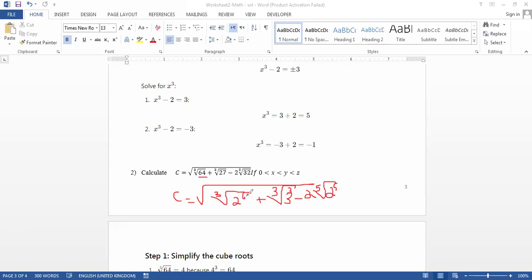In all of these cases, you can write 6 over 3, which is 2 squared. And here we have plus 3 minus 2 times 2. So we have radical 4 plus 3, which is 7. 7 minus 4 is 3. So we get radical 3.